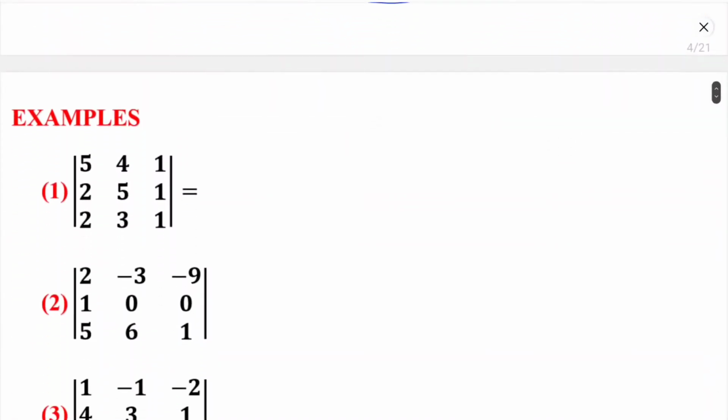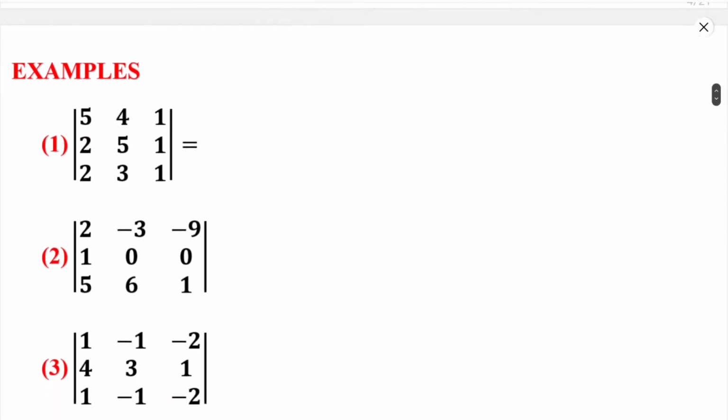Now let us take 3 examples. First, 5 4 1, 2 5 1, 2 3 1, right? We are going to expand this determinant using row 1, right?